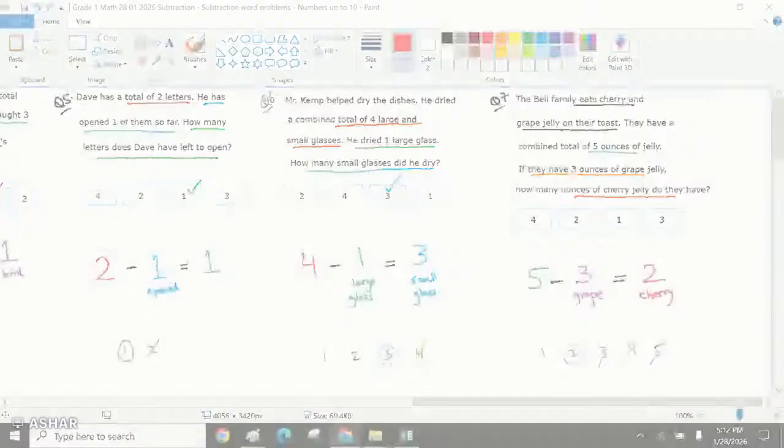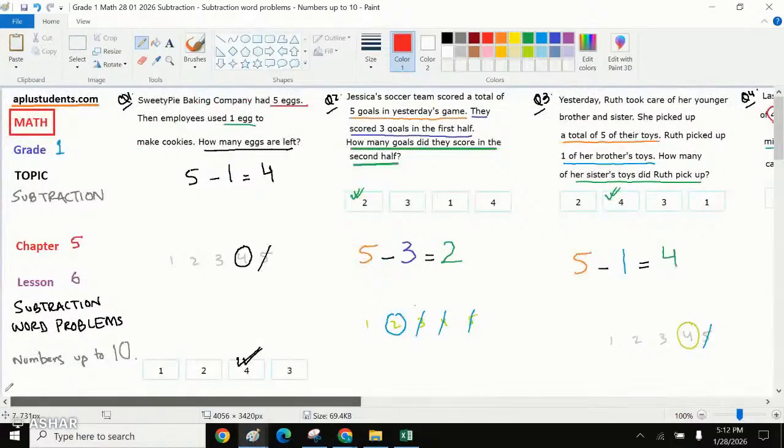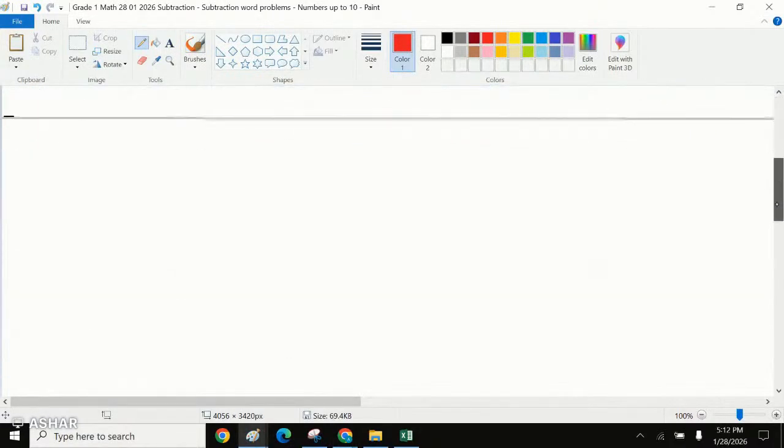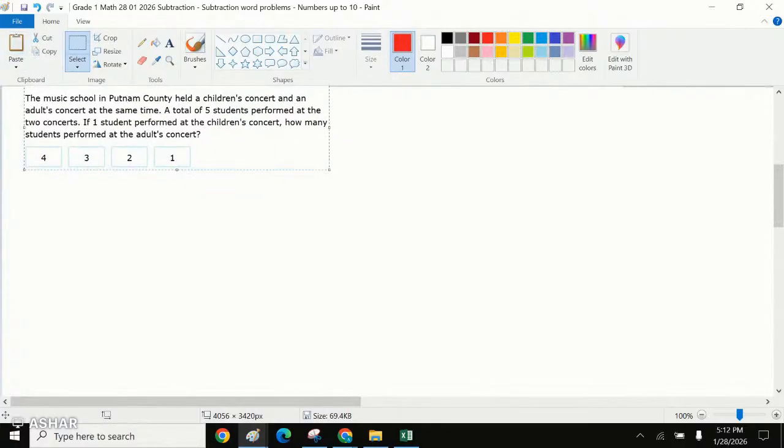The next question says the music school in a county held a children's concert. Just a moment, please. This is our question number 8. The music school held a children's concert and an adults concert.